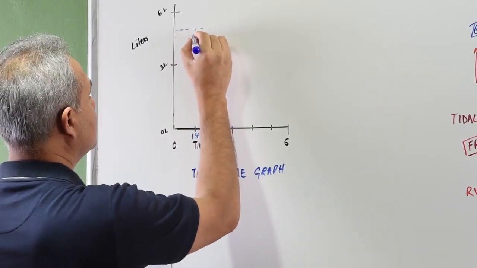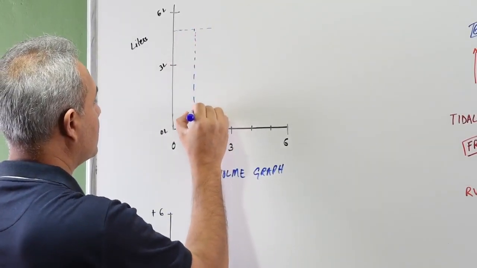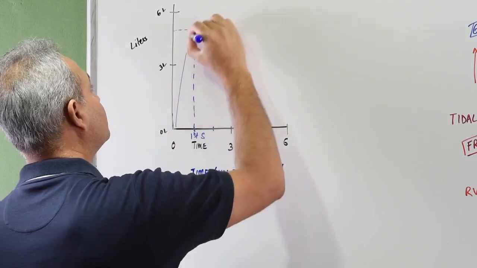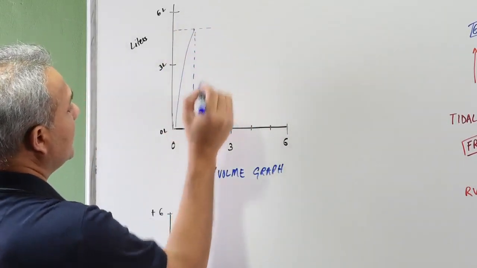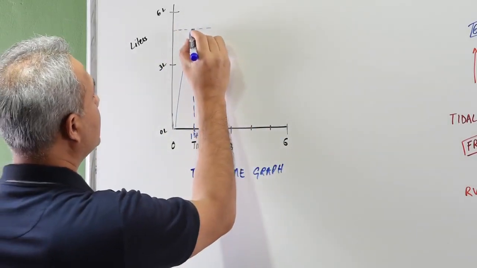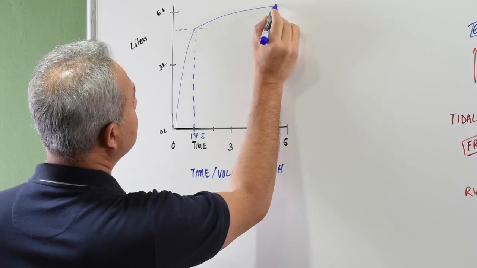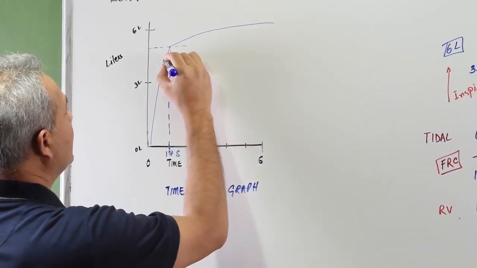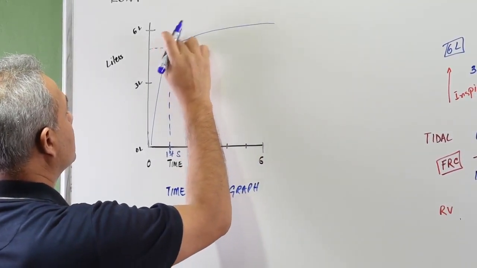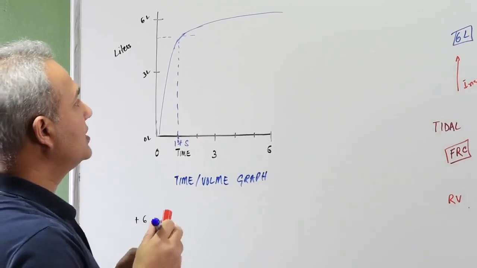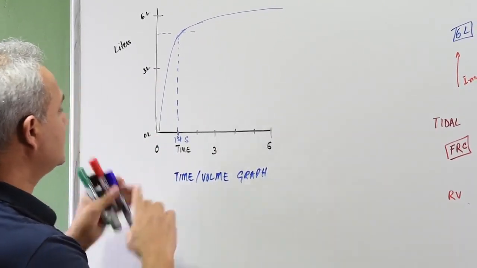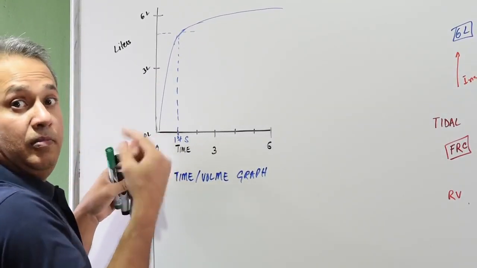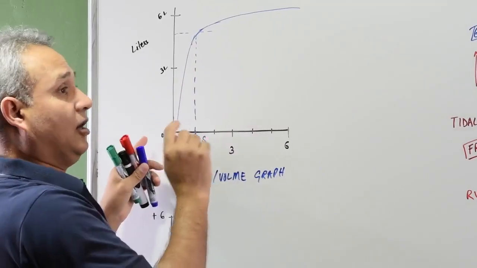So here is the first second. And then as the time keeps going, slowly the person keeps exhaling more. So what this graph tells you is, look at this, inspiration, first second.